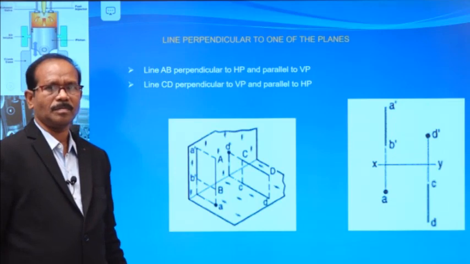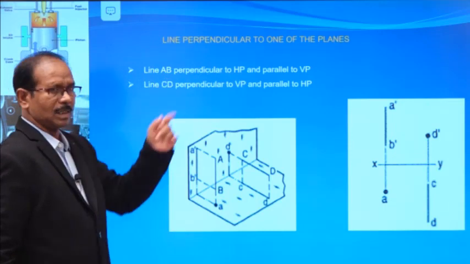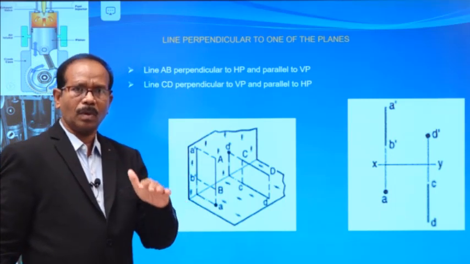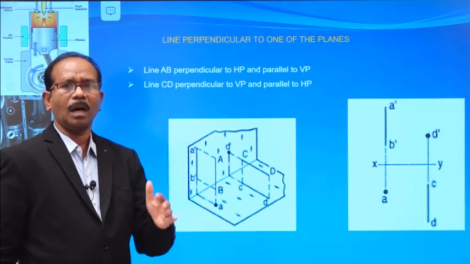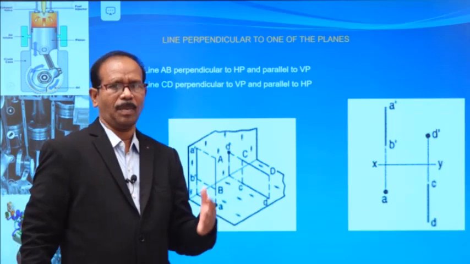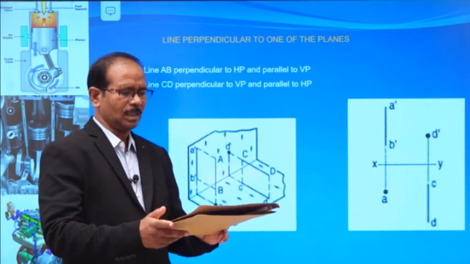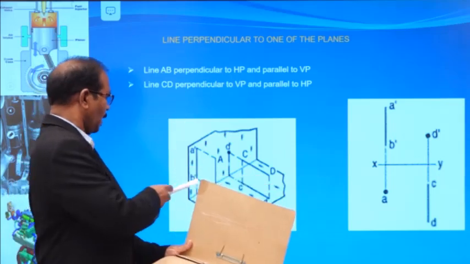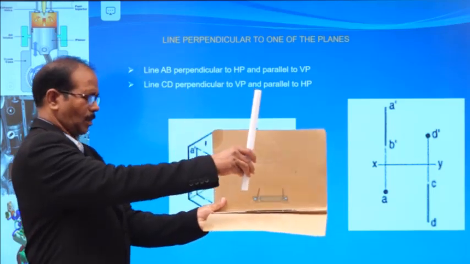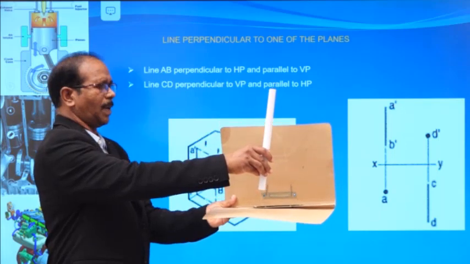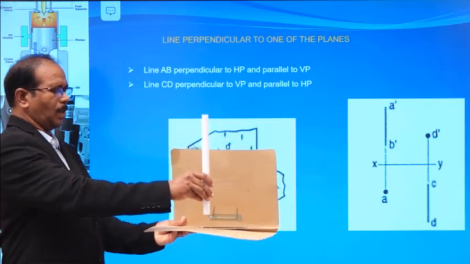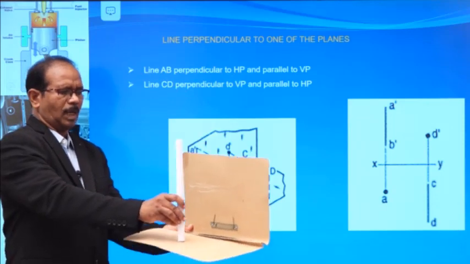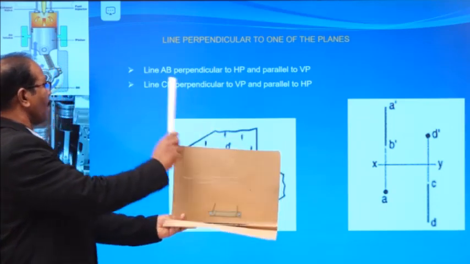One more condition. Line perpendicular to horizontal plane or maybe vertical plane. Let's take line AB. Let's observe. Line perpendicular to HP, parallel to VP.